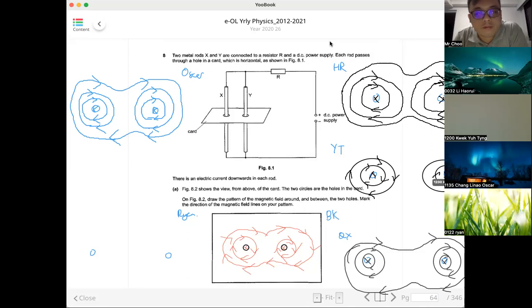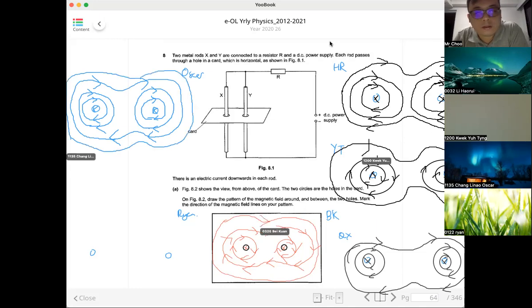Kwan, can you draw more lines? Draw more lines. Xiaoxing, can you also draw a bit more lines? And no need so many arrows. Oscar, enough arrows already, don't need too many.